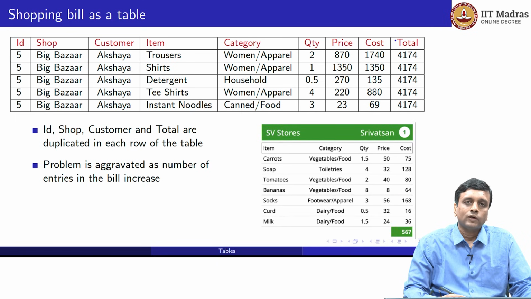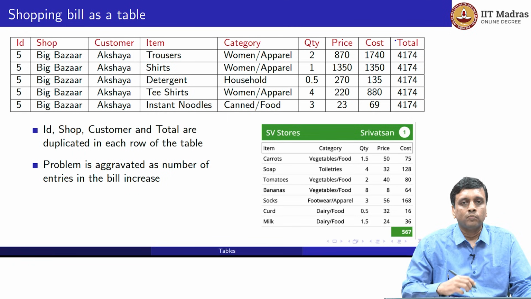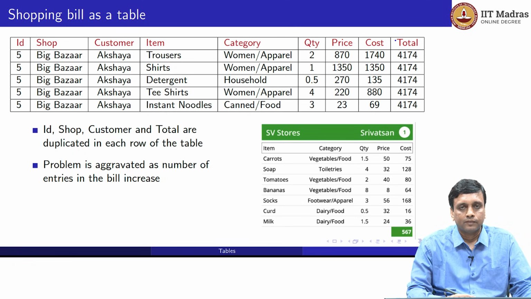And if we move to a larger bill, for example Srivatsan's bill, then the duplication would become 7 rows instead of 5 rows. So this is one unavoidable consequence of keeping multiple rows corresponding to variable length entries in a card. When we have data like the shopping bill data, we have a small problem translating it to tables because of having to make these kinds of adjustments.